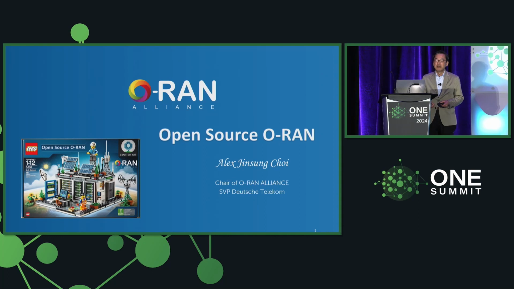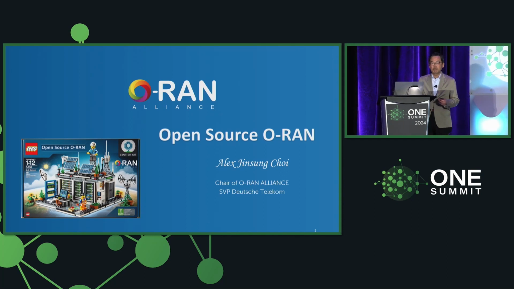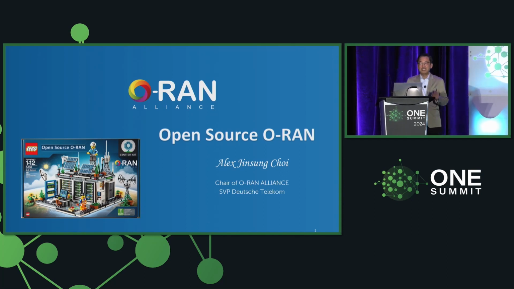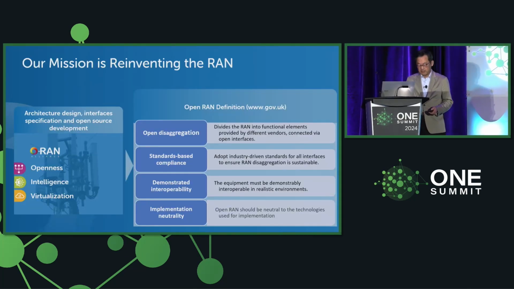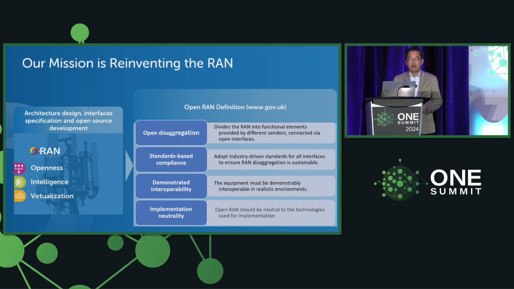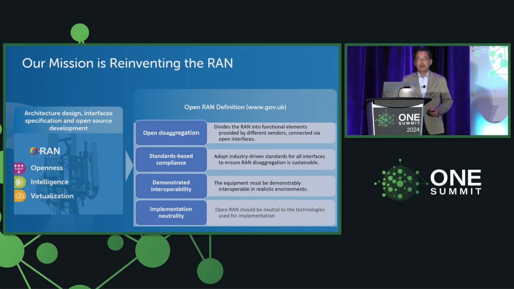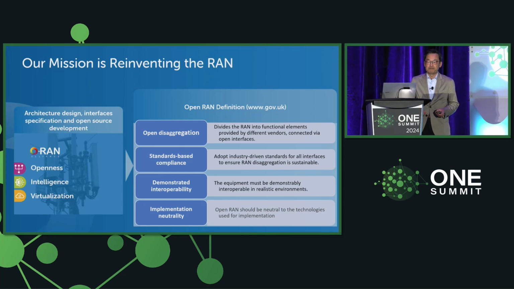So that means what we've been working towards is not just a document, specification, and prototype, POC. It is commercial deployments happening right now, around you, around us. Before I get into the more technical part, allow me to clarify the definition of Open RAN as nicely outlined by the UK government.